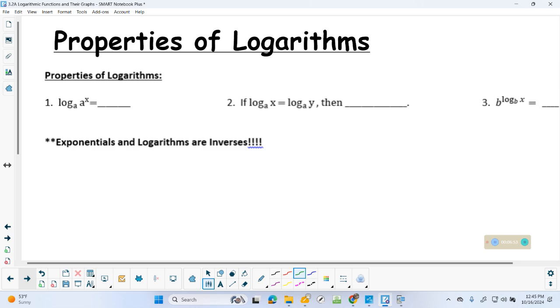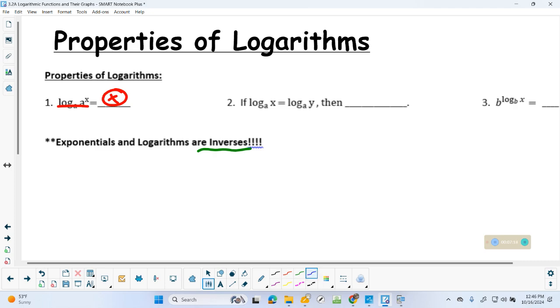All right, so some other properties. Again, you're going to hear me say it like 50 million times. They're inverses of each other. So think about this. Square root and squaring, cancel. Addition, subtraction, cancel. So a log and an exponential, as long as they're the same base, A and A, cancel. All right, makes sense. Inverses, cancel, I got it.